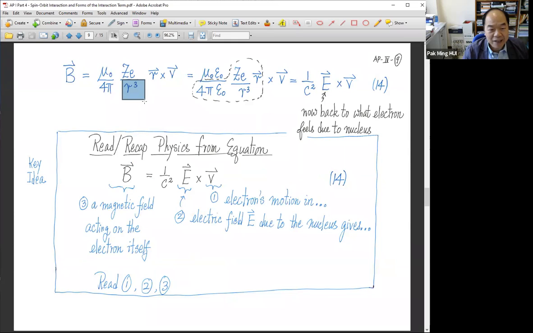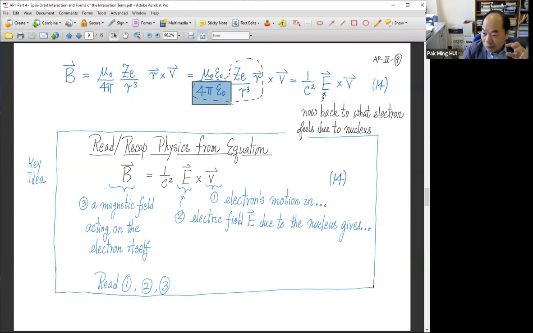Now I multiply by epsilon 0 divided by epsilon 0, so nothing changes. This is 1, but I want to write it that way because at the beginning, we were saying that it is actually an electric field that the nucleus is applying on the electron.